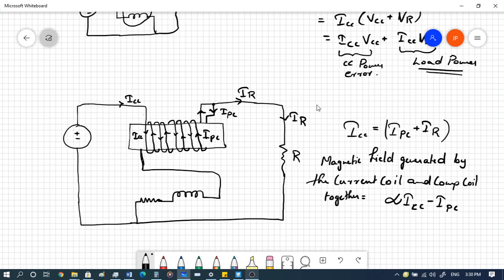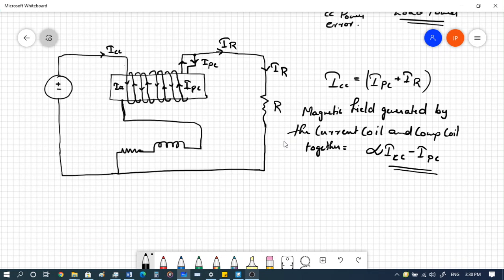So the magnetic field that is jointly produced by this current coil and this compensating winding would be proportional to the current ICC minus IPC, isn't it? Because IPC is the current that is flowing over there, and ICC is the current through the current coil.